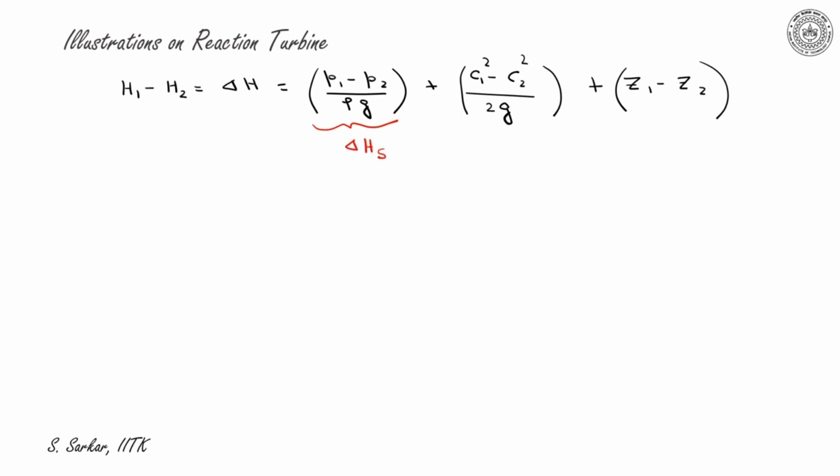Let me put the value. Del H S plus Z is given as 62. Now we know the value of C1. C1 is 33.81.